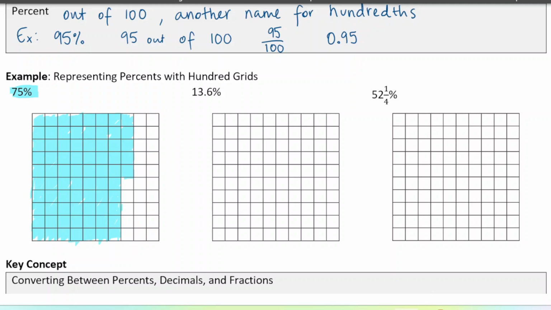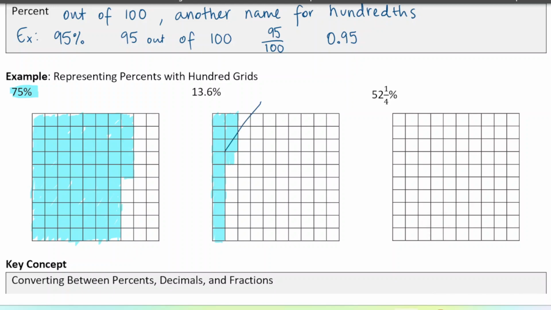Okay. Let's do a harder one. Now this is called a decimal percentage because the percentage has a decimal number. So 13.6%. So a little bit more than 13%. So if I wanted to represent this on a grid, I would first color in 13%, so 13 of these squares. And then we would want to do 0.6 of one final square. So something a little more than half, but we want to show that exactly.